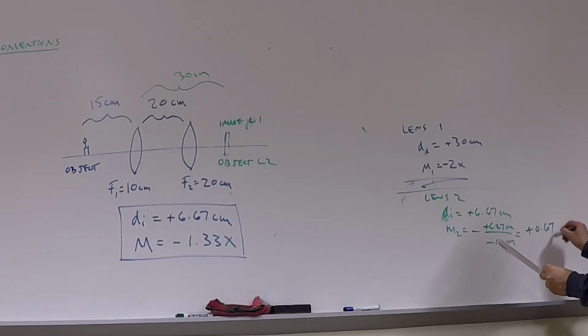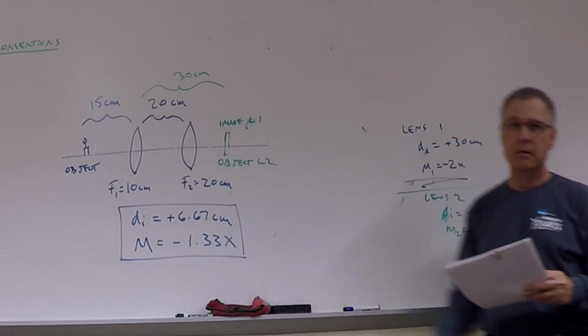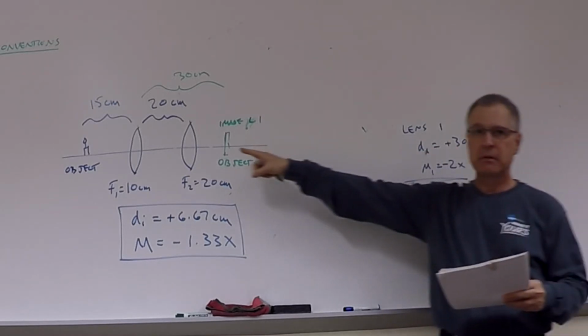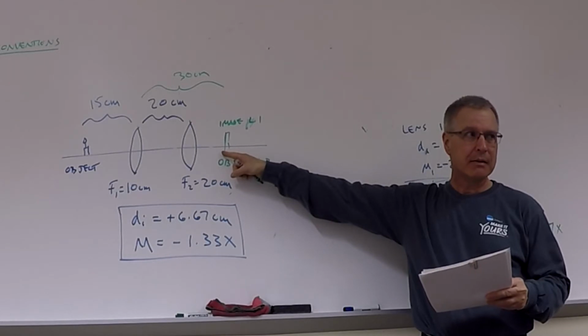Oh, because that's just dealing with lens two, with this being the object. So yes, this is where the final image is, but what happened with the magnification? This is how much lens two magnified that, but lens one already magnified it.